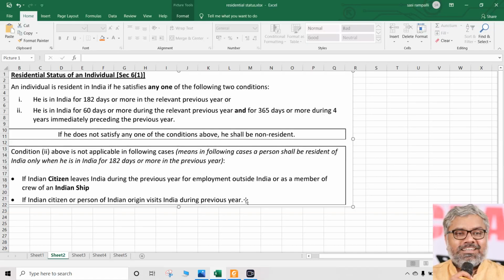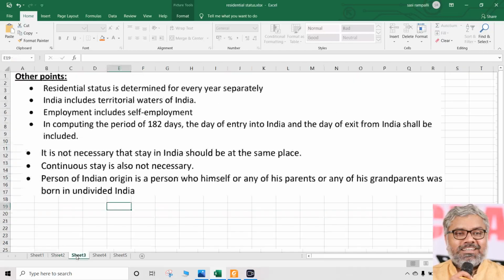Otherwise, that person will not be called a resident. That is what we should be interested in. Other than that, this PIO is altogether something related to the immigration policy of the country, which is a completely different subject. So, that's what person of Indian origin means.